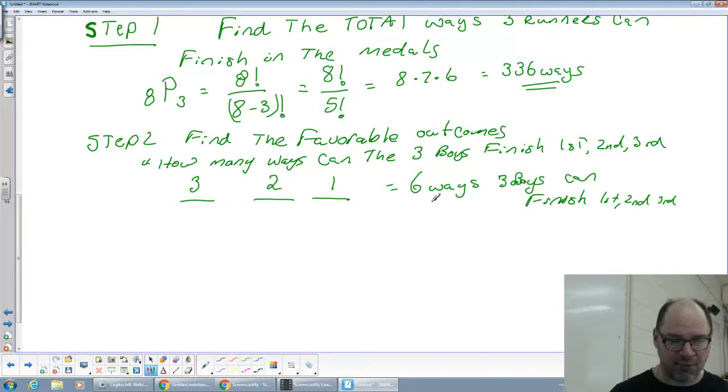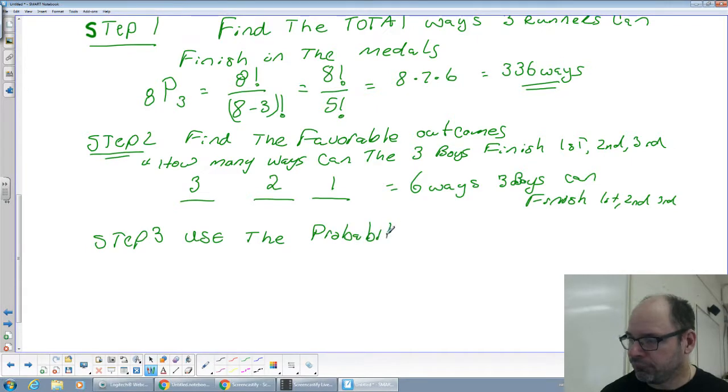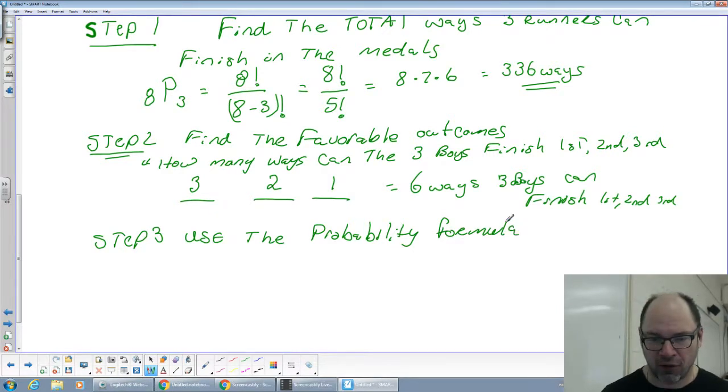So the last step then is to use the probability formula to calculate what the probability is, or the odds formula if you're finding odds. But in this case, we're finding probability. So step 3 is to use the probability formula for this race here.